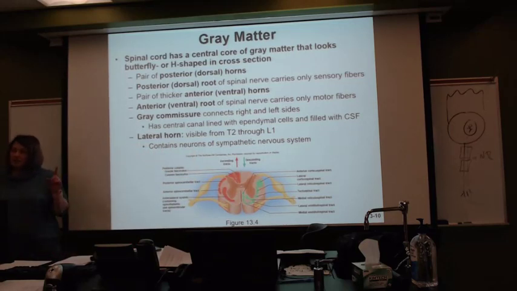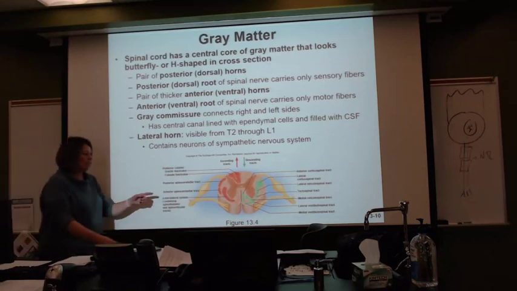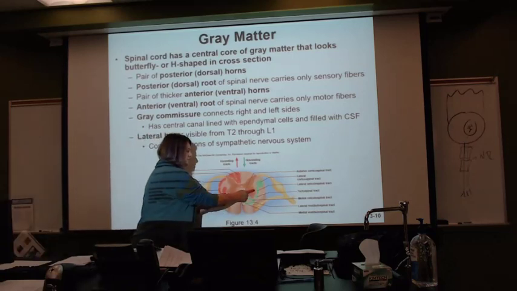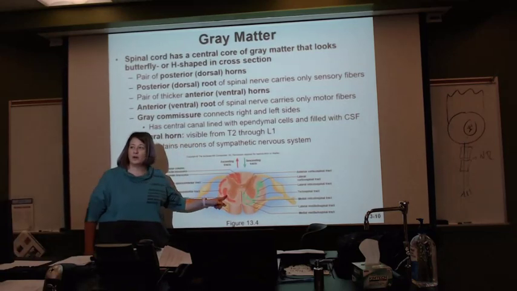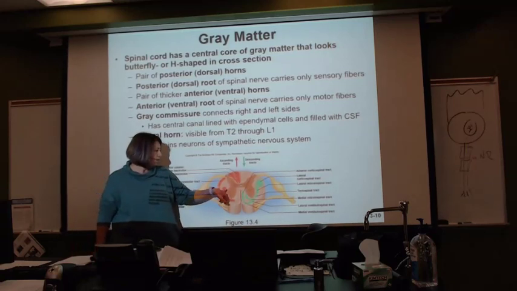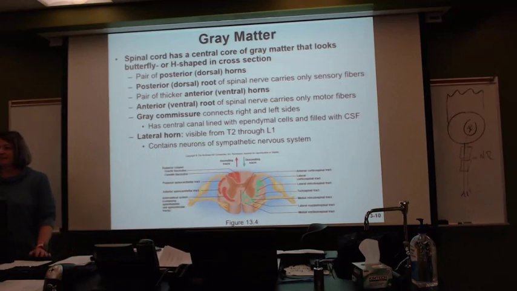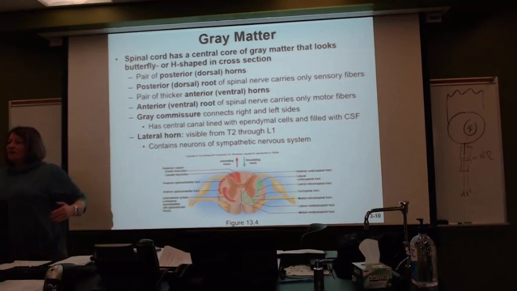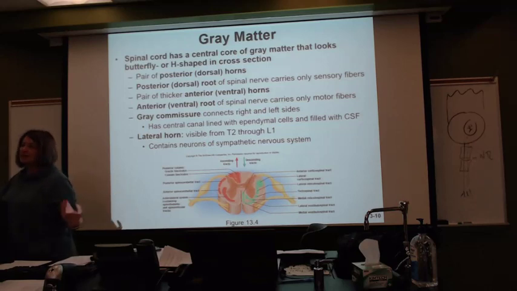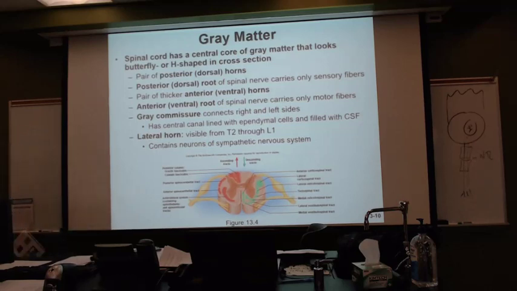Now, note, on each side of the gray matter, we have some horns that exist on the lateral side, because median would be the middle.